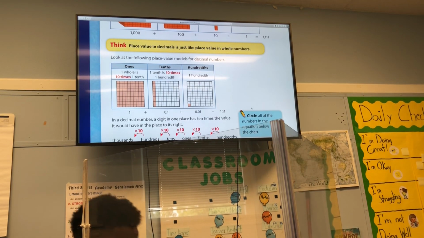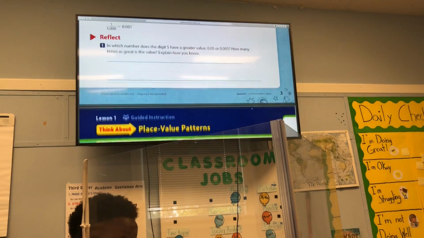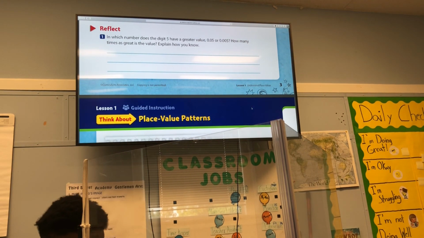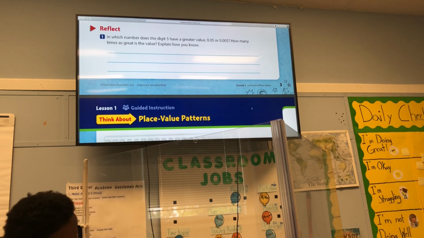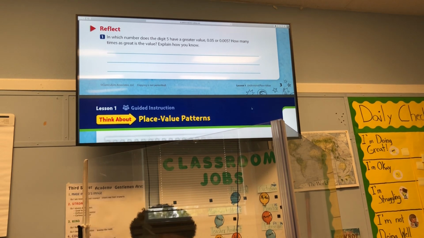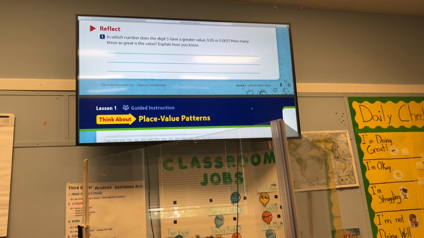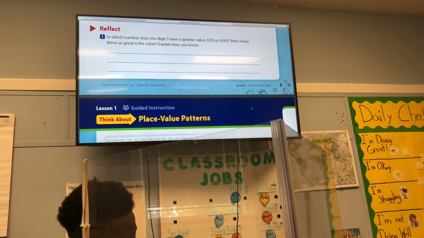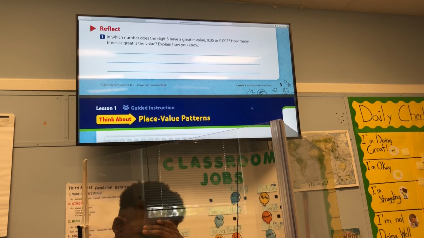But second part of this question: how many times as great is the value? Write it down as your answer. I've been harping on this the whole lesson. Everybody should be able to get this.